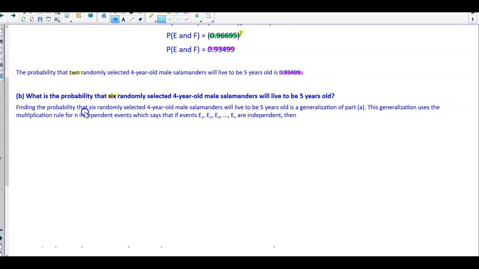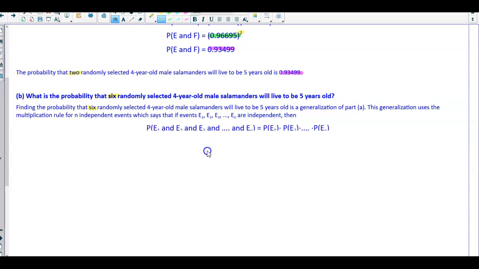We'll find that the probability that 6 randomly selected 4-year-old male salamanders will live to be 5 years old is a generalization of Part A, meaning that since there are 6, we're going to take event 1 all the way to event 6 and multiply them together because they are also independent. So we're going to say the probability of all those events is going to equal the probability of each of those events multiplied by each other.